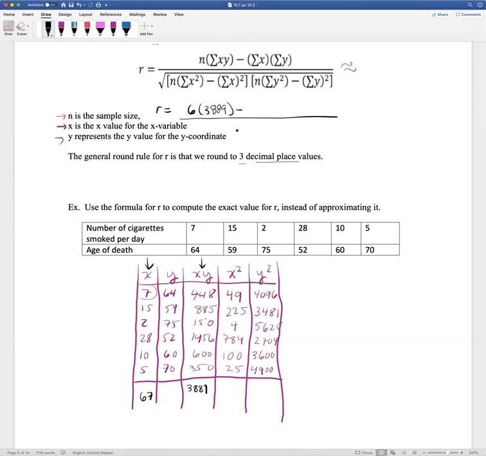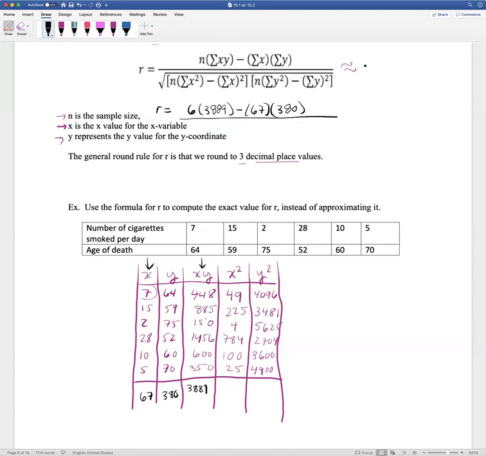Okay, looks good. So sum of x is equal to 67 times the sum of y, and now let's add up the y values. We have 64, 59, 75, 52, 60, 70, and that's 380. So that's times 380.